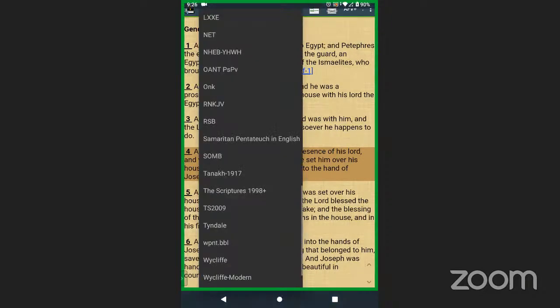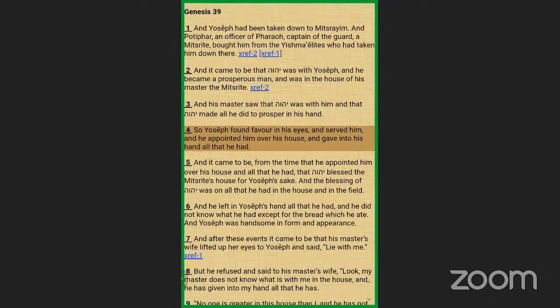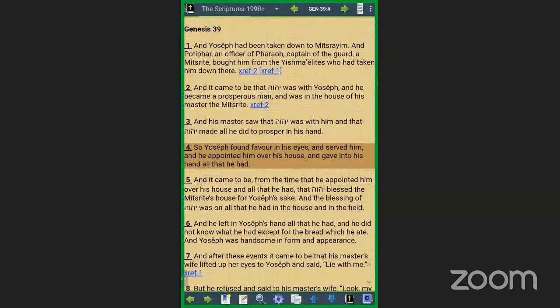Now, if you go to the Masoretic, it would say, "So Yusuf found favor in his eyes and served him, and he appointed him over his house and gave into his hands all that he had." So for whatever reason, the Masoretes take the word master out of there, I guess because they don't want you to think that Yusuf is still subject to Pharaoh. I don't know.